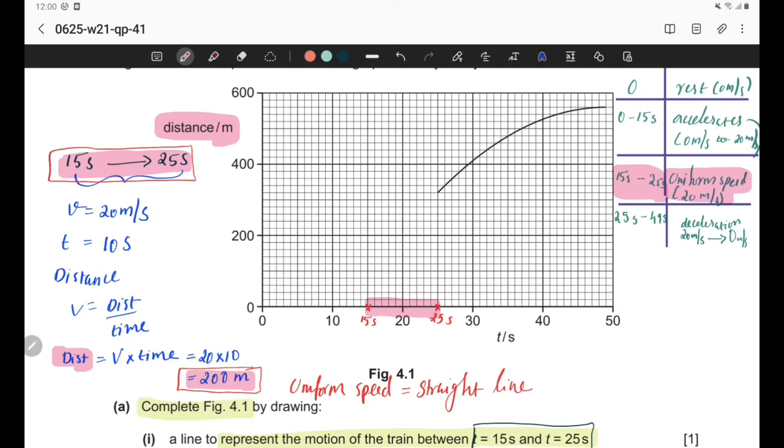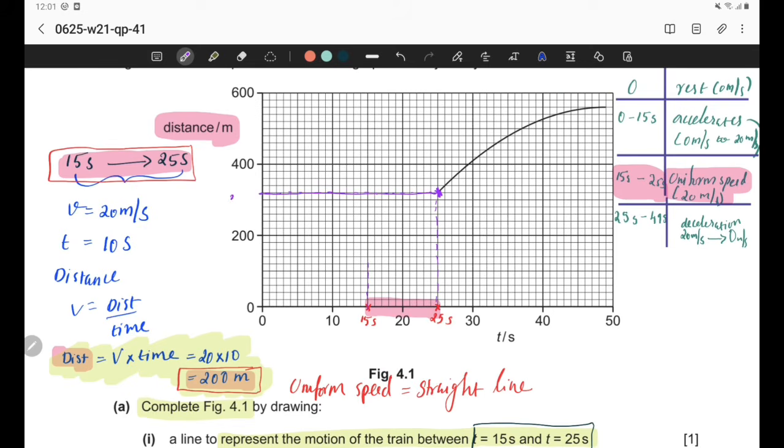So we have to plot a straight line, and the end point is 25 where we have the graph. So you need to plot till this point. But what is the initial point at the 15th second? This one we need to know. For that we can use this information, that is the distance covered by the train during this 10 seconds is 200 meter, and at the end of the 25th second the distance covered is 320.